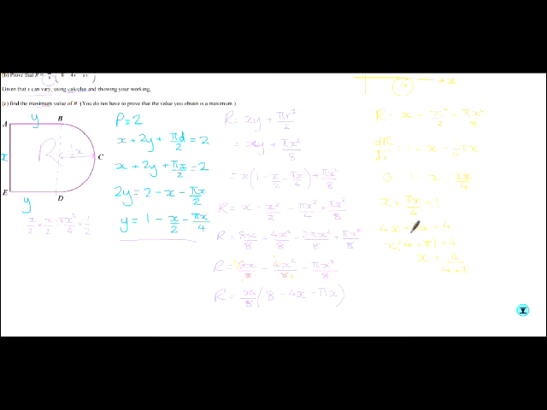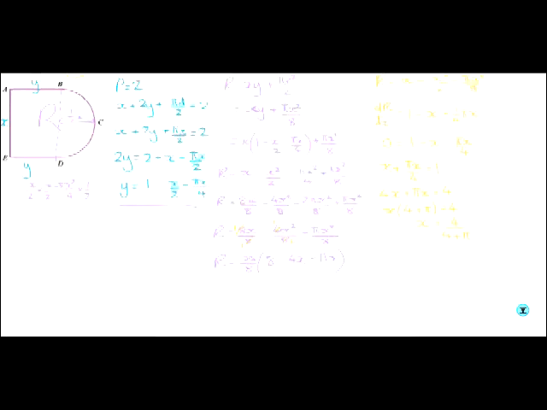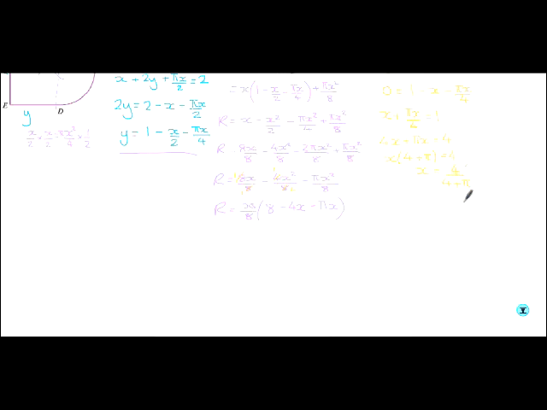Okay, so that's that bit done. That's the value of x, but now we've got to find the maximum value of r using this value of x. So this is when r will be at its maximum. Okay, at this point, you may want to store that answer.